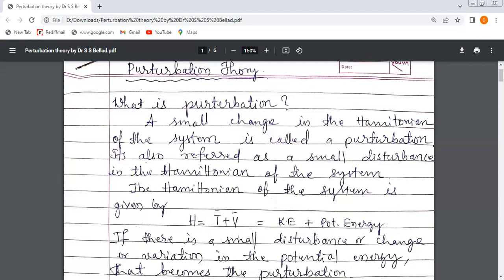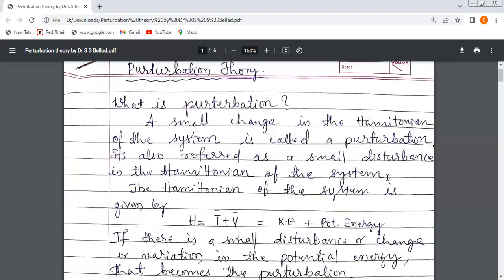When there is a small change in the energy value or some other parameters associated with this Hamiltonian are changing, we say that there is some perturbation. It is also referred to as a small disturbance in the Hamiltonian of the system.